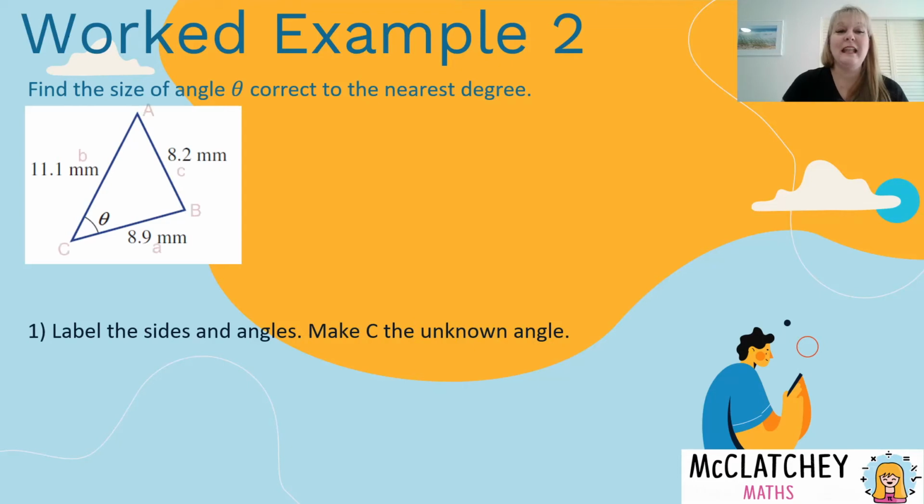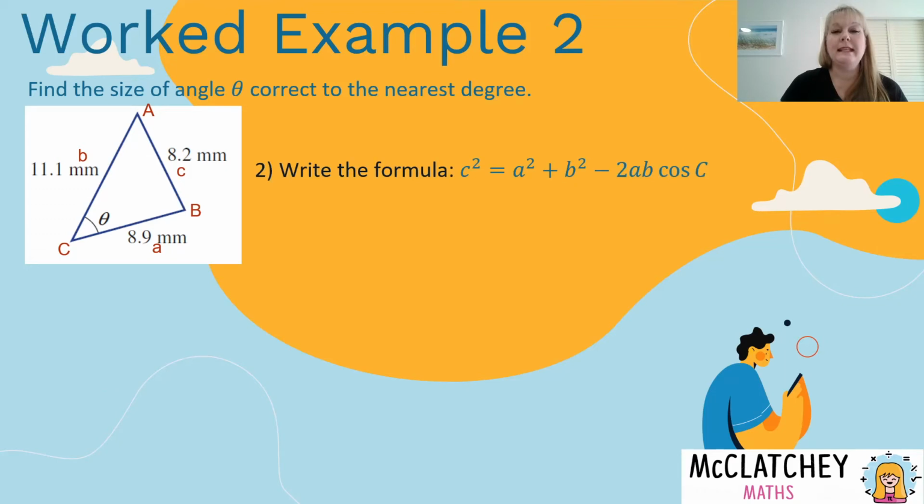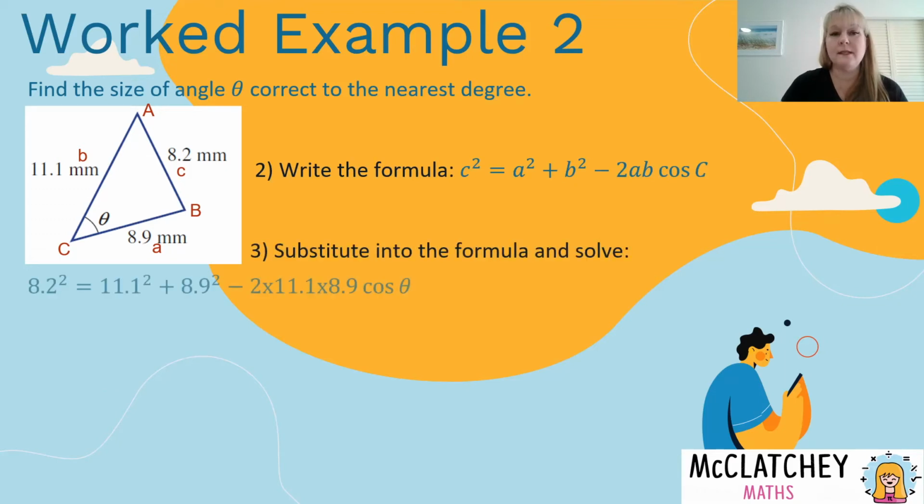So let's label our triangle first. We're once again making c, which is the subject of our equation, the unknown angle, okay? And writing our formula down as well and substituting into our formula so that we can solve. So I've got 8.2, which is my side opposite the angle c, which is unknown, and then I've got 11 and 8.9.